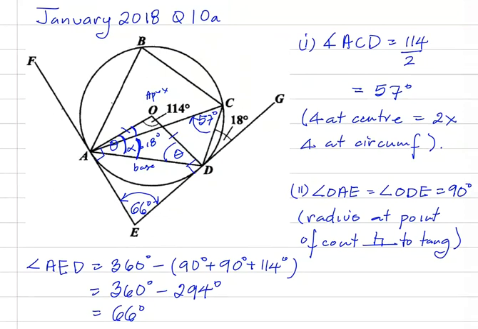What I'm going to use for that is that ABCD is a cyclic quadrilateral, and opposite angles of a cyclic quadrilateral are supplementary. Therefore, if I know this entire angle here, and I take it away from 180, I will get this angle.